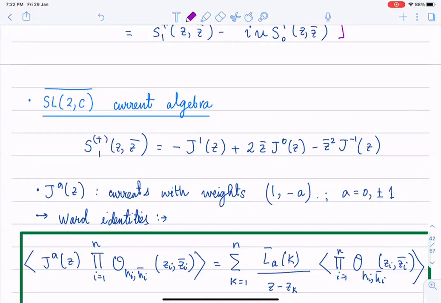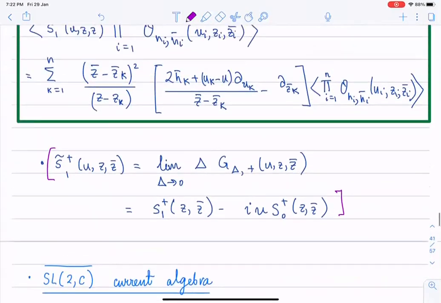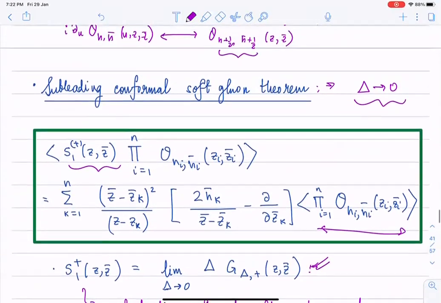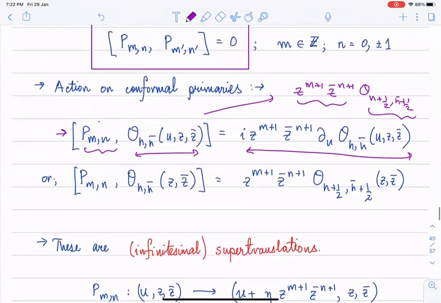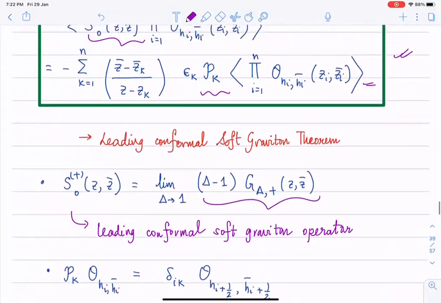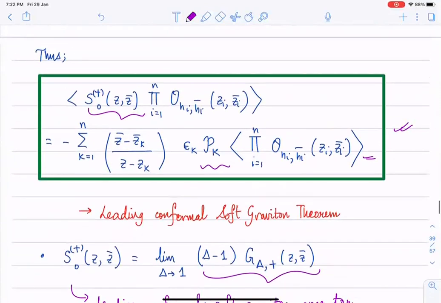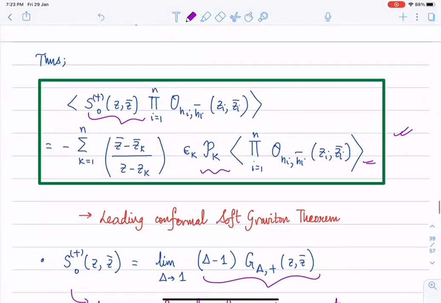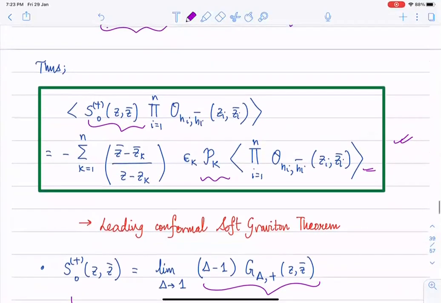Yeah. So in this case, we are actually not doing that because implicitly I am not making much of a distinction between incoming and outgoing particles.